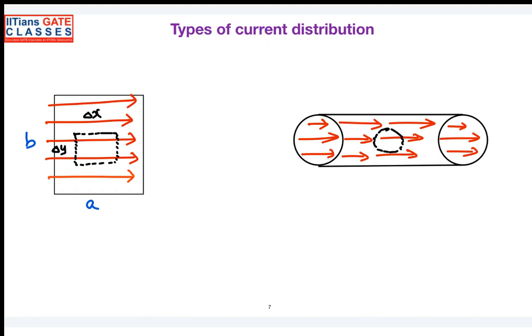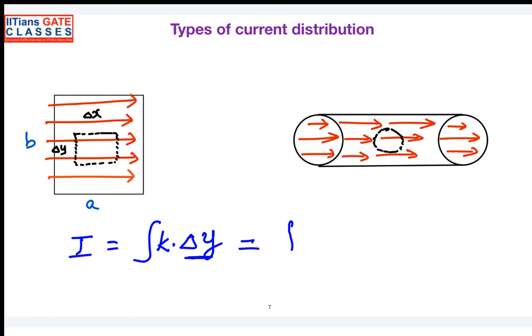So finally, what is the summary here? In terms of line current, the value will be I, and in terms of surface current, you will get the line integral of K into some delta Y or delta L. But remember, this limit should be selected perpendicular to the current.